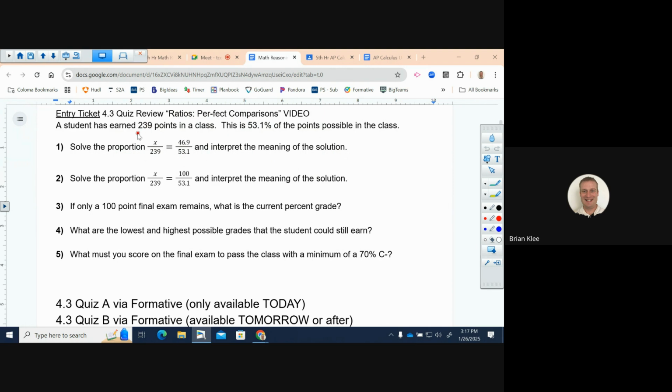So what should be clear here? The first fraction has points. We know that right now 53.1% of the points possible have been earned. And we know the earned points.